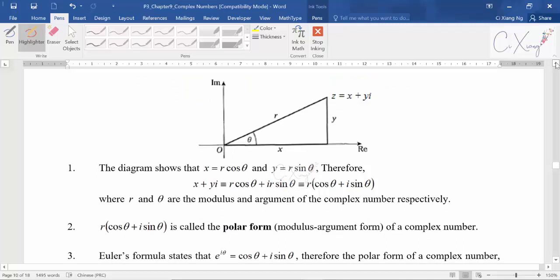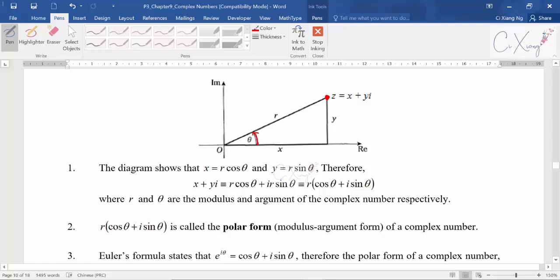Again, as you learned before, this is the complex number. To find the argument, you draw a right angle triangle for the complex number, and the argument is measured from the positive x-axis. The r here will be the length of the complex number.